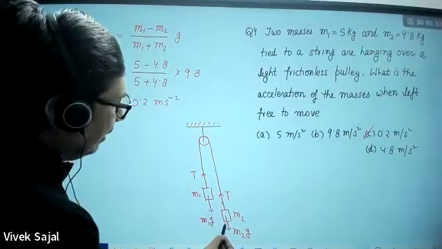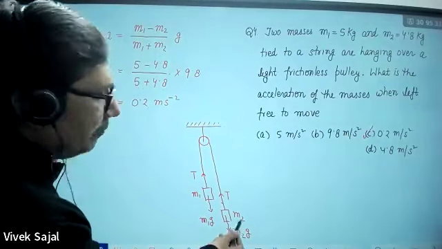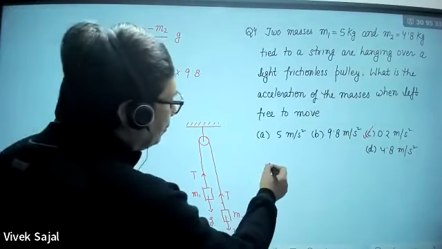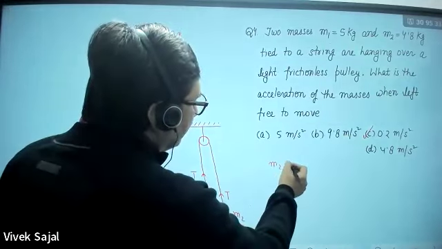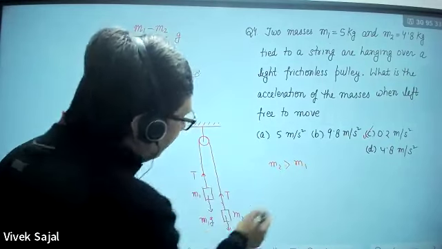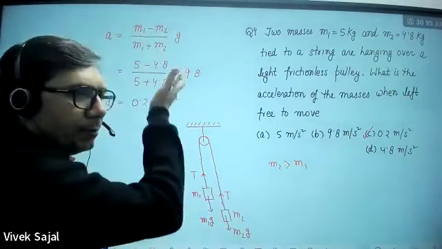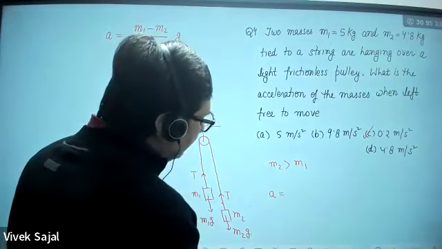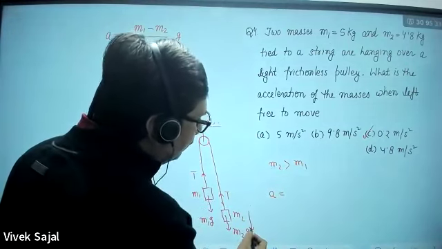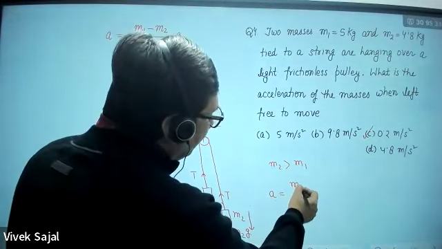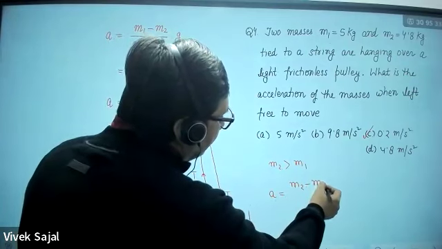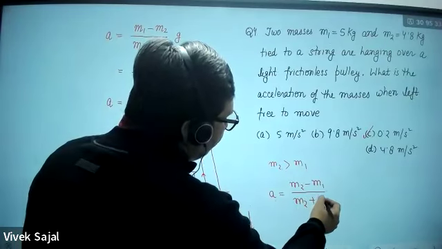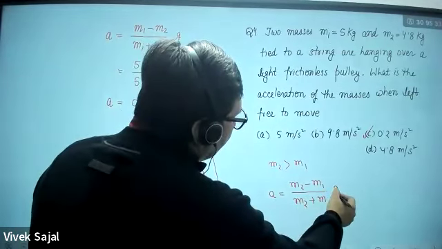Now whichever is greater, either M1 or M2. Suppose M2 is greater than M1, then M2 will move down and M1 will move in the upward direction. What will be the acceleration in this case? M2 is going to move down with acceleration M2 minus M1 divided by M2 plus M1 into g.